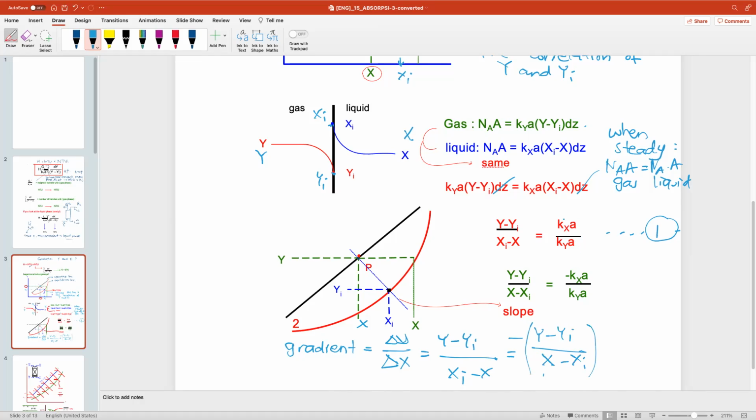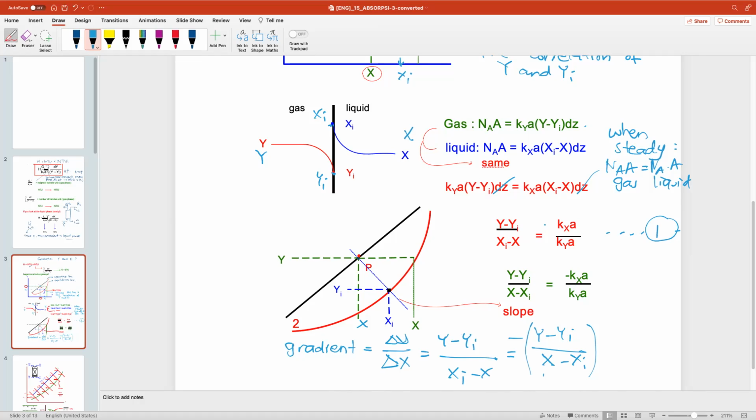Okay, so that's why, because the gradient is actually kx divided by ky. Now if we put everything over here, we can say that the slope is actually the minus, yeah, so this should be negative.